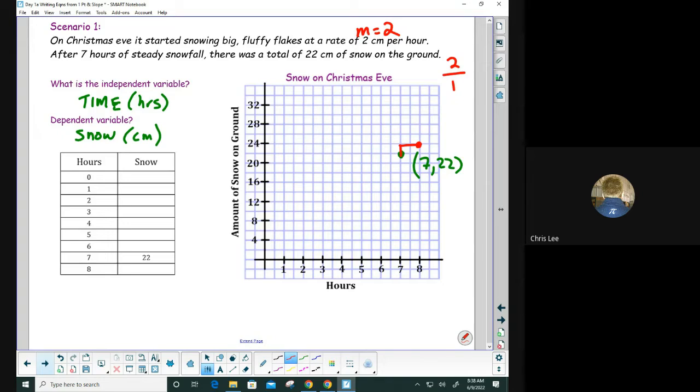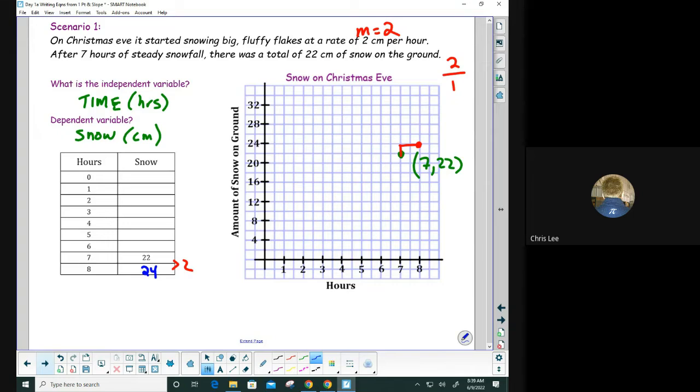To help, let's think about what the table would tell us. If it goes up by 2 every hour, how much snow is there at 8 hours? 24. Did we put our point in the right spot at 24? I think we did. 8 hours and 24.